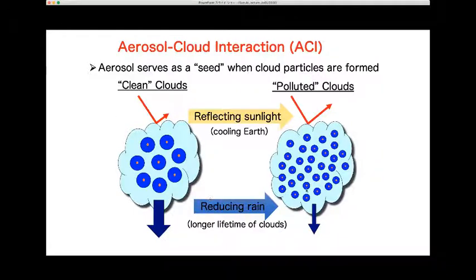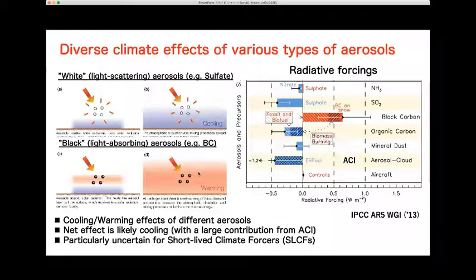But these aerosol particles also have their own effects on radiation, for example, sunlight. So-called white-colored aerosols like sulfate aerosols have a cooling impact on the Earth because they can scatter sunlight very effectively.